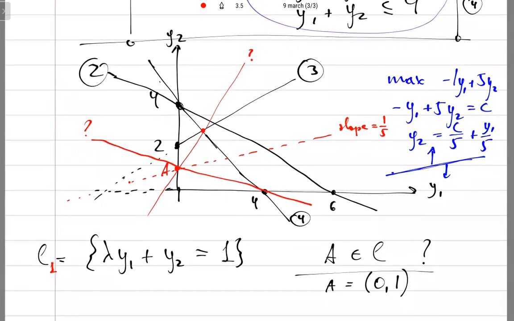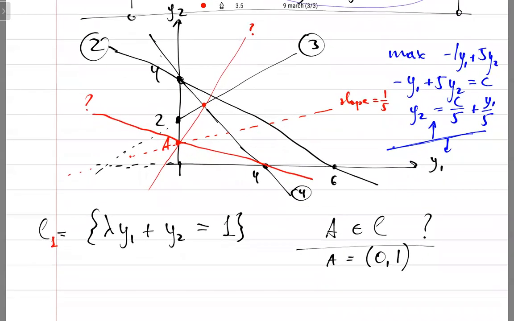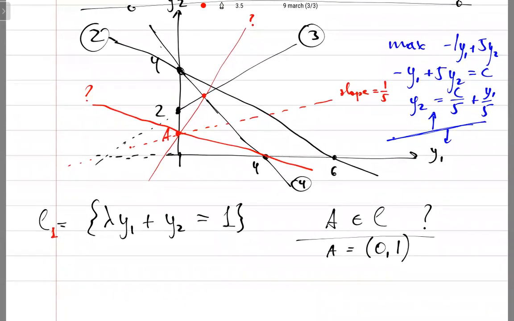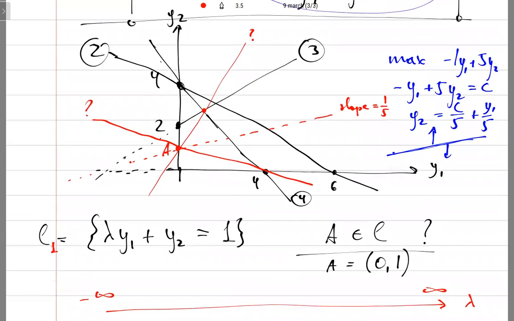Okay, so let's consider all possible lambdas. Lambdas are in the range from minus infinity to plus infinity. Now I calculate the lambda for each interesting case. Let's name them.